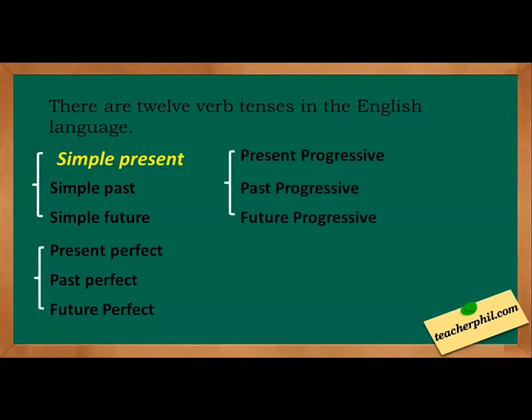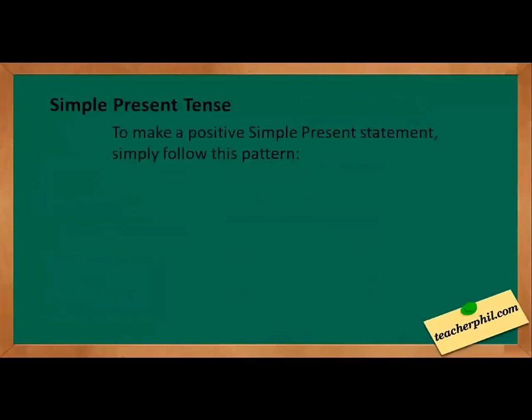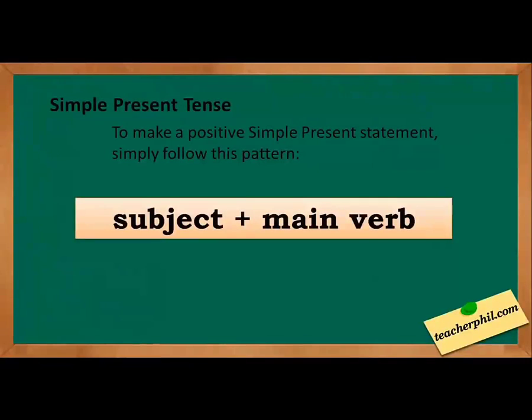And lastly, for the perfect progressive tenses, we have the present perfect progressive, past perfect progressive, and future perfect progressive. This lesson will talk about a simple present tense. To make a positive simple present statement, simply follow this pattern. Subject plus main verb.